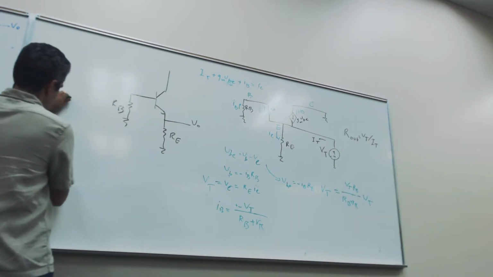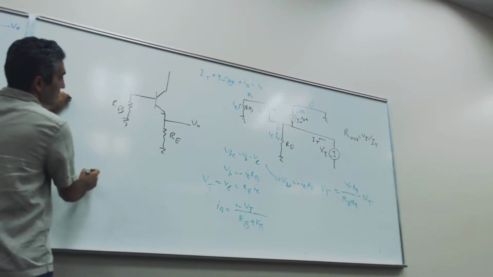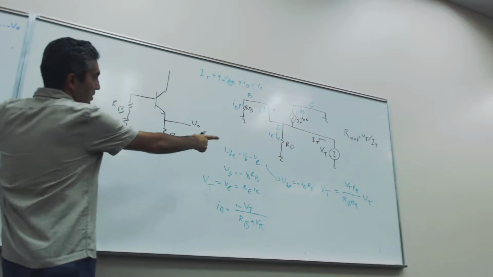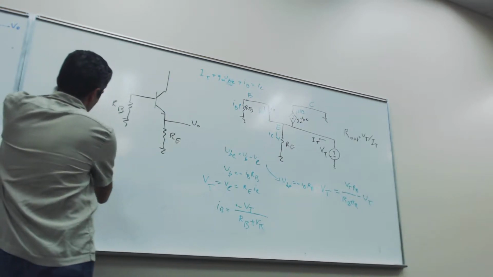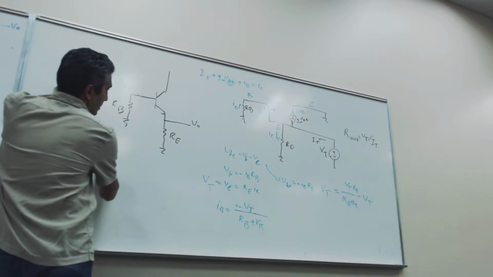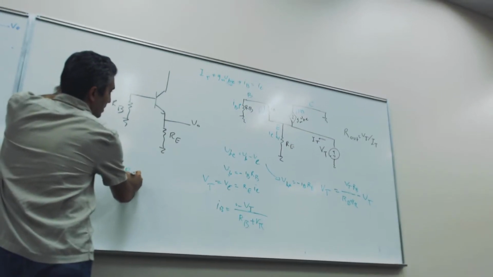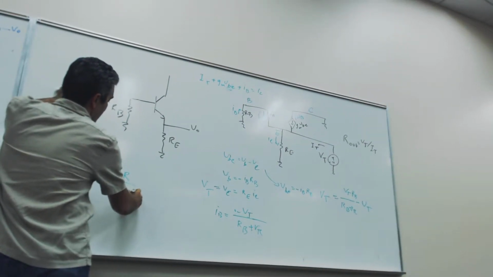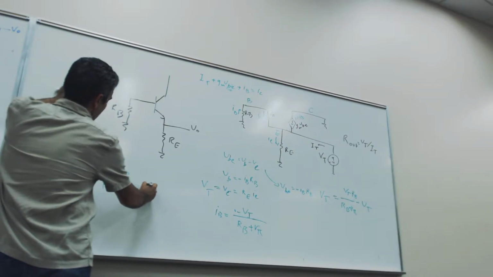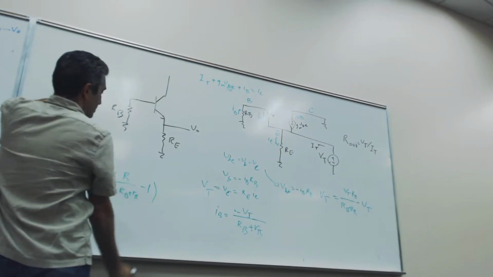So IT plus GM, instead of VBE, I write that GM VT times RB over RB plus R pi minus 1, right?